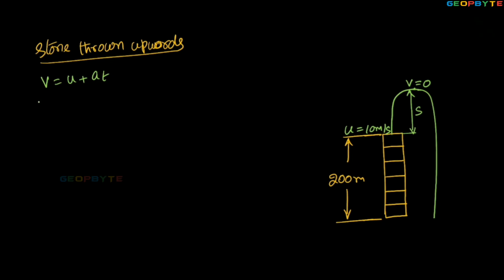So at the uppermost point of the stone, v equal to 0, u is 10, a is minus g, into time taken t. From this, 0 equal to 10 minus 10 into t, so t equal to 10 by 10, that is 1 second. So for reaching the uppermost point, the time required is 1 second.